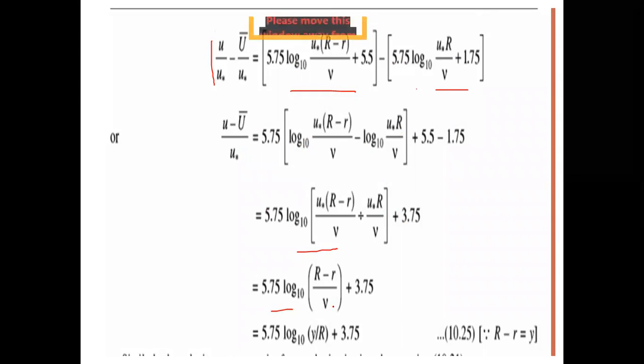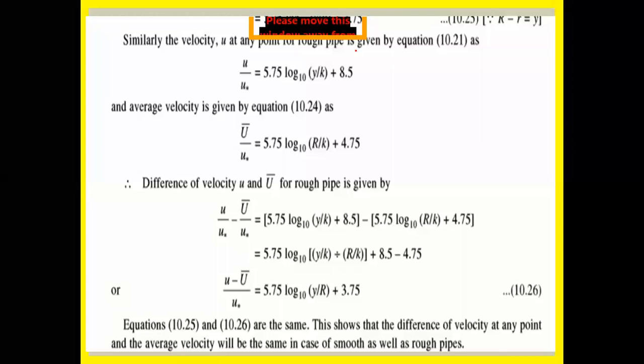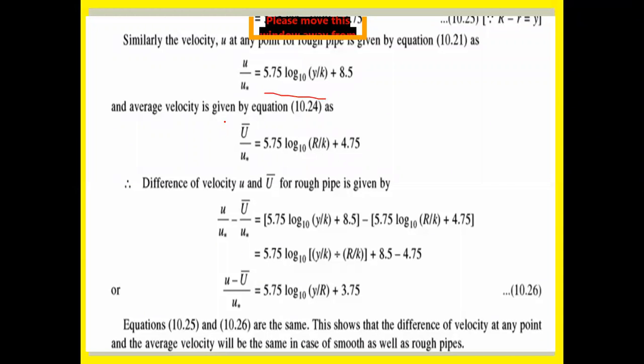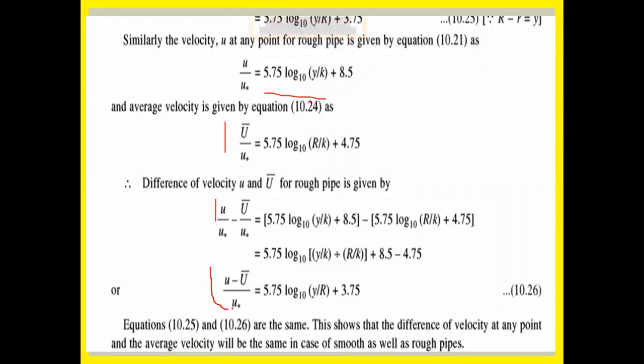Like this, keep on solving and you slowly get the value. Finally, the value of u at any point for the rough pipe is given by this equation, along with the average velocity of the equation 10.24. Keep on changing this, and finally this is the average velocity.